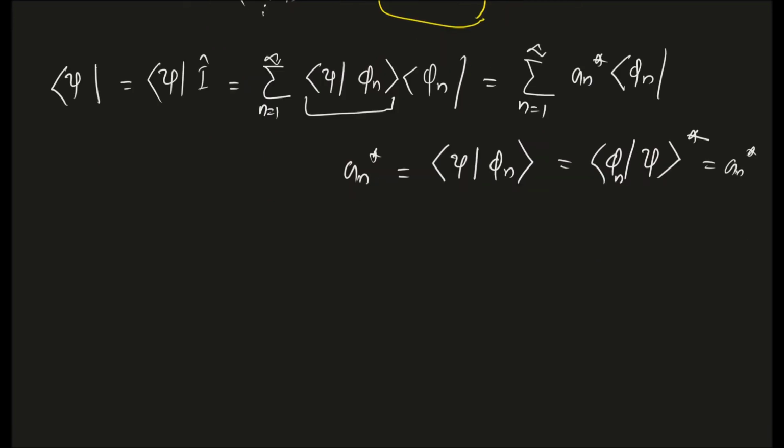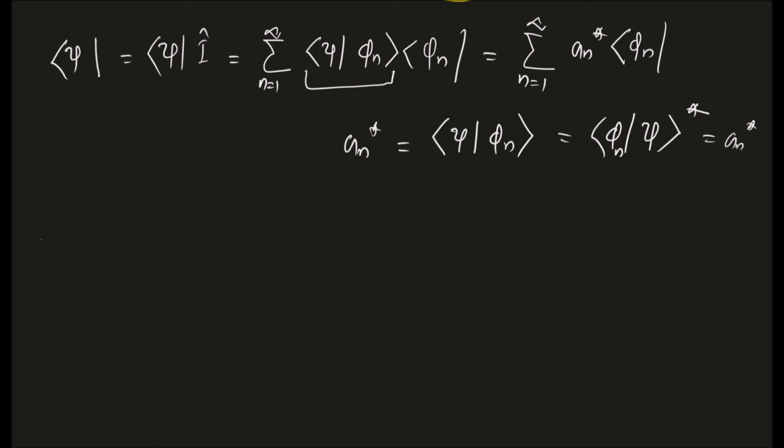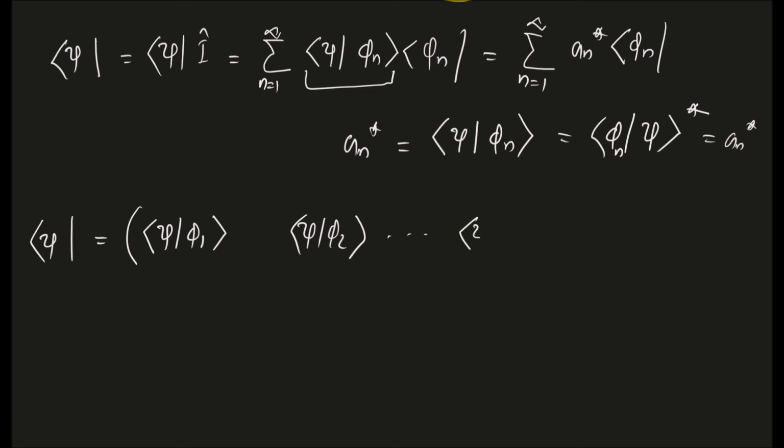So how do you represent a row vector? A bra vector can be represented in a row vector form by its components a1 star, a2 star, a3 star, etc. So what are a1 star? a1 star is given by the inner product of psi and phi 1, and the next component is given by psi and phi 2, etc., psi and phi n, etc. So this is basically a1 star, a2 star, a3 star, etc., an star.